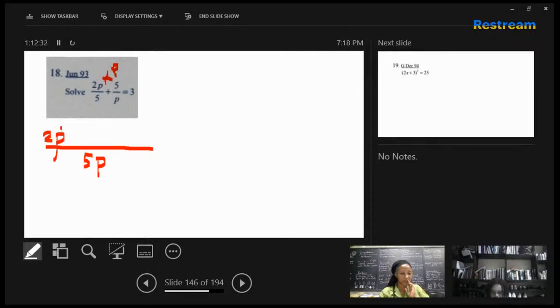And p into 5p goes 5 times, and 5 times 5 is 25, equal to 3 over 1. And 1 into 5p goes 5p times, and 3 times 5p is 15p.